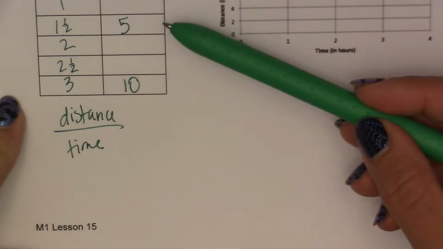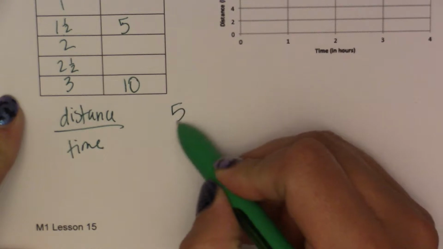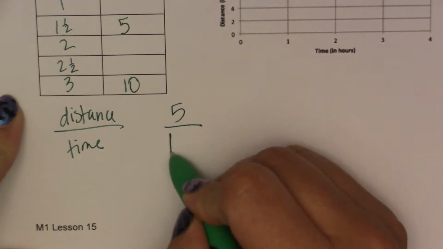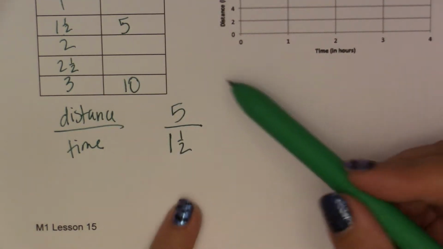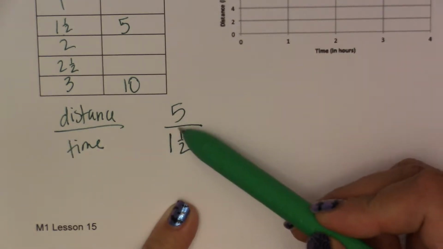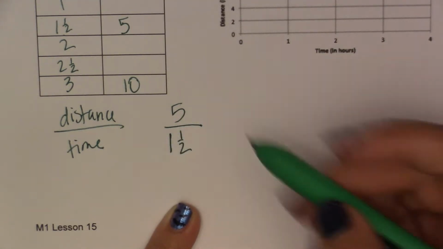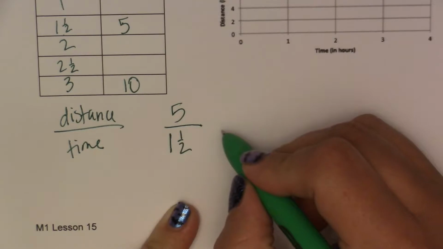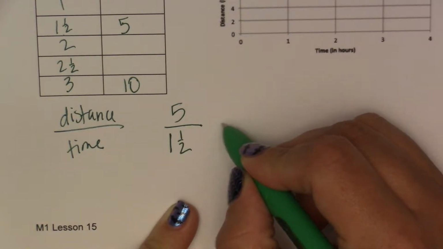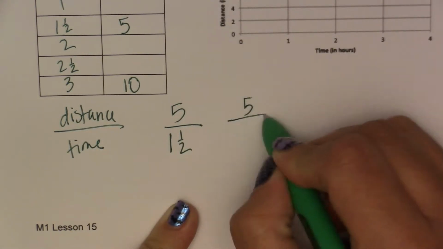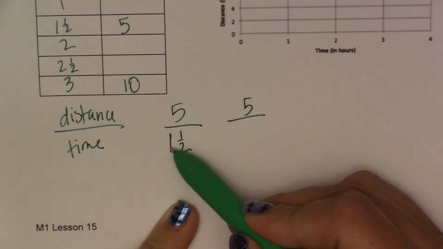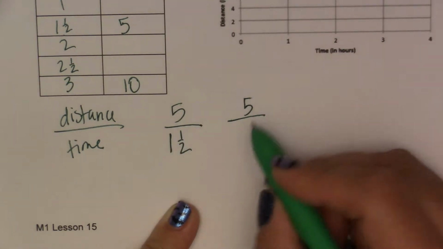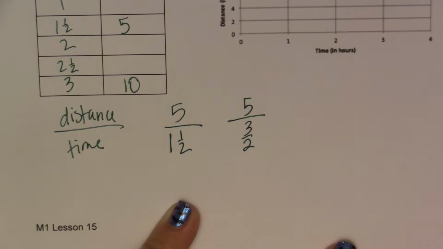So from my table, I know my distance is 5 and my time was 1.5. All right, so to solve this, I need to change my mixed number into an improper fraction. So 2 times 1 is 2 plus 1 would be 3, so 3/2.